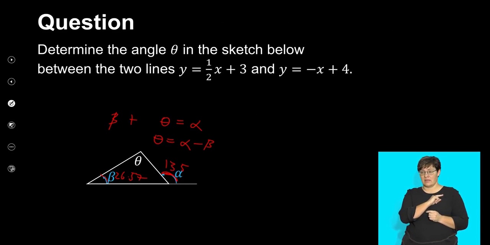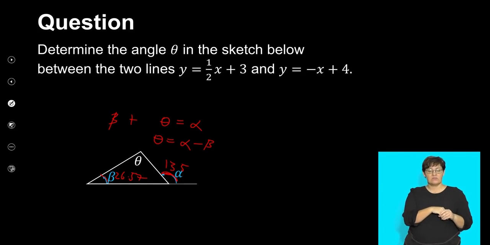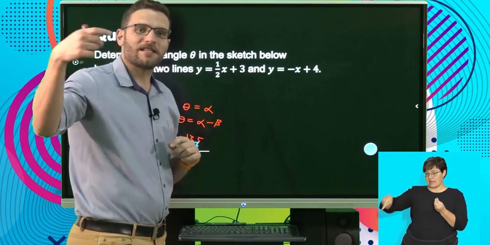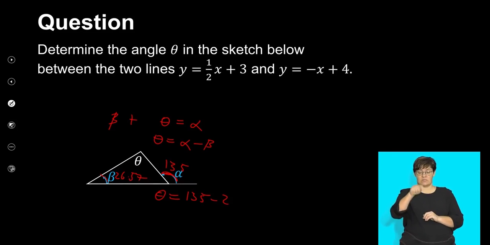Because theta is inside the triangle and beta is inside the triangle, I can say the two interior angles sum to the exterior angle of my triangle. And that's exactly what we're going to do here. We've simplified this already, but theta is equal to 135 minus 26,57.